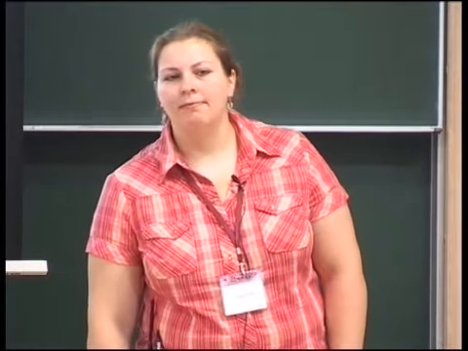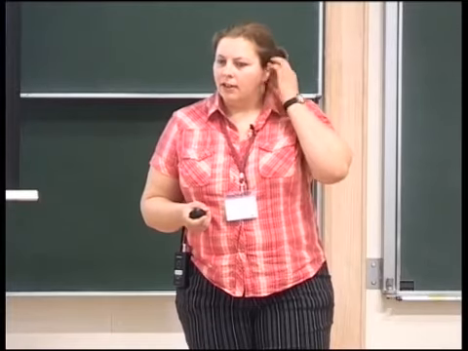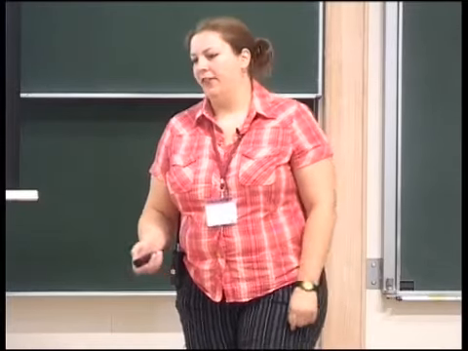To try how this works out, I did a simulation study, and I considered a lot of different dose-response scenarios. I'm not going to present the results on all of them here. I included some scenarios based on a logistic model and some on another model, an Emax model, because I wanted to know how this works when the real model and the model that I fit aren't the same.